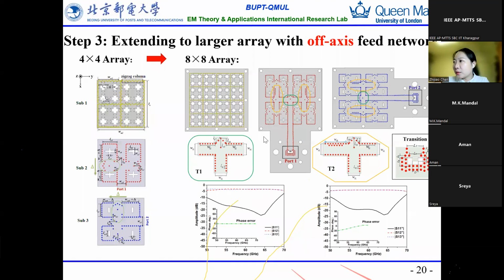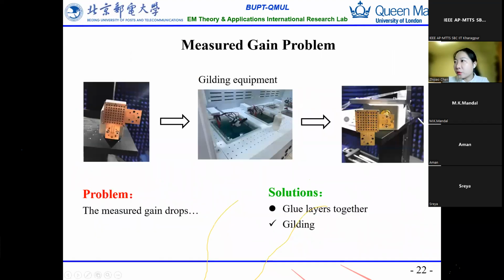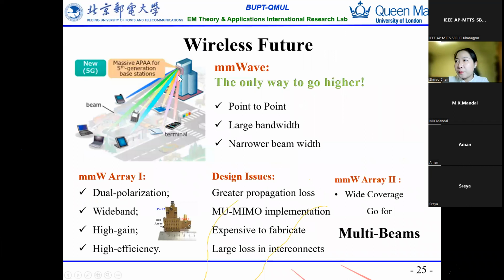But the switched beam is also very common for the base station antenna. For example, this device is moving from here to here, and then another beam is pointing to this. They do the handover method, which will be handled by the network layer rather than the antenna layer.